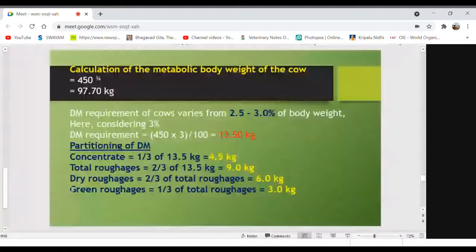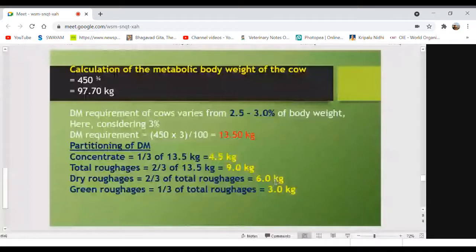But if it is leguminous, in that case 1/4 will be green and 3/4 will be dry roughage. So that means if the body weight of the cow is 450 kg, then we can provide 3 kg diameter in the form of green roughage, 6 kg in the form of dry roughage, and 4.5 kg in the form of concentrate. Okay, this is the meaning.